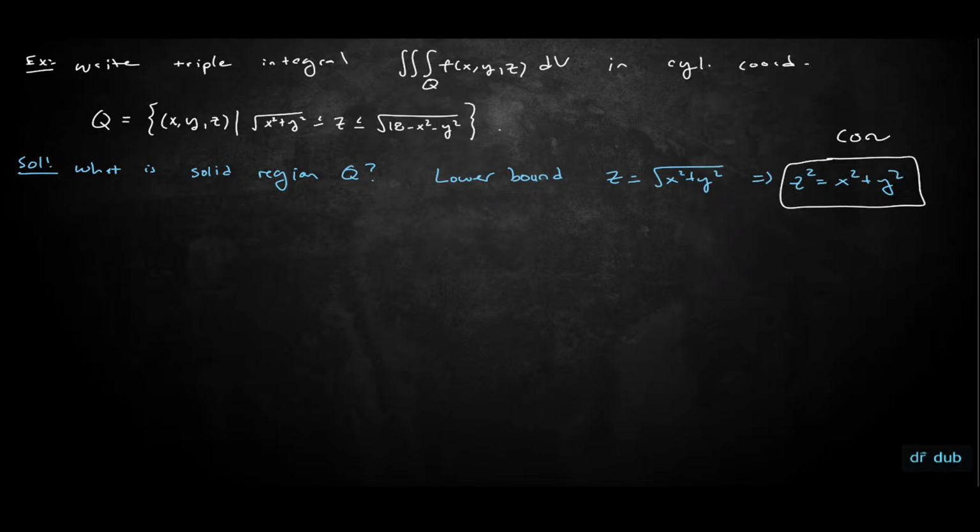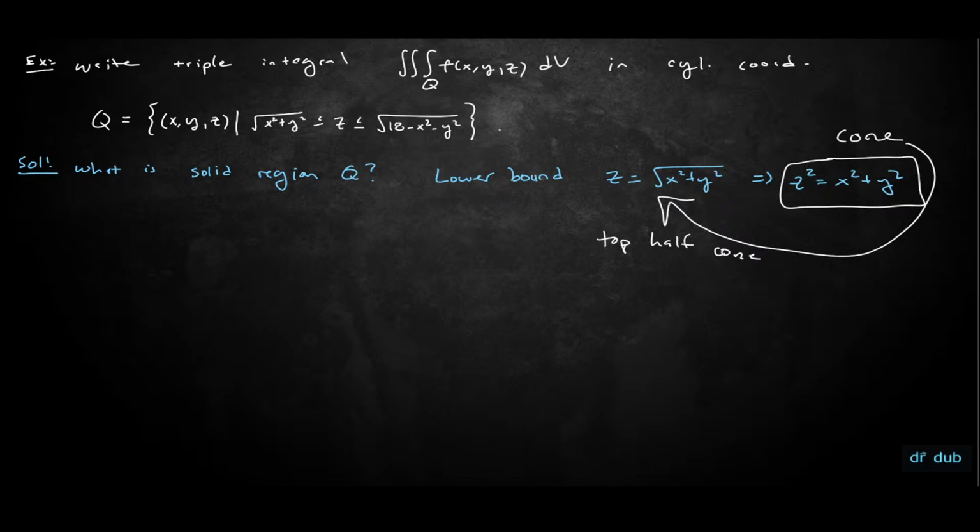Once we know that it's a cone, we can look back here and say it's the top half of the cone, since we took the positive square root. So we know the lower bound now is a cone.